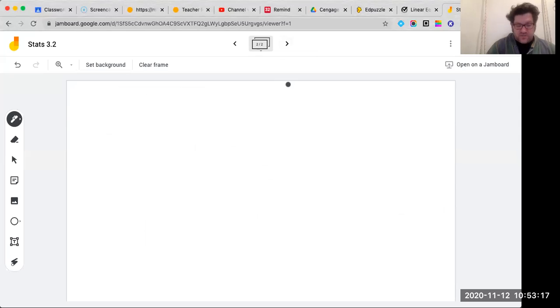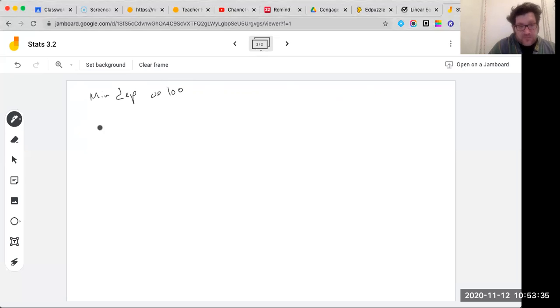So let's do the 100s. I'm going to make a quick little table of the 100s. So all of these will say minimum deposits of 100s.